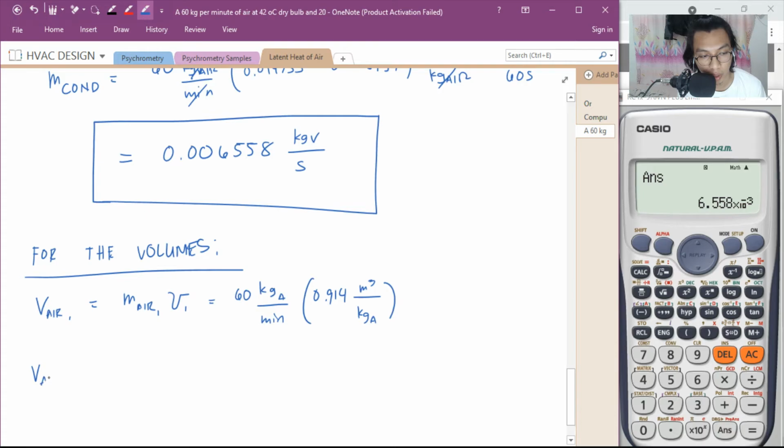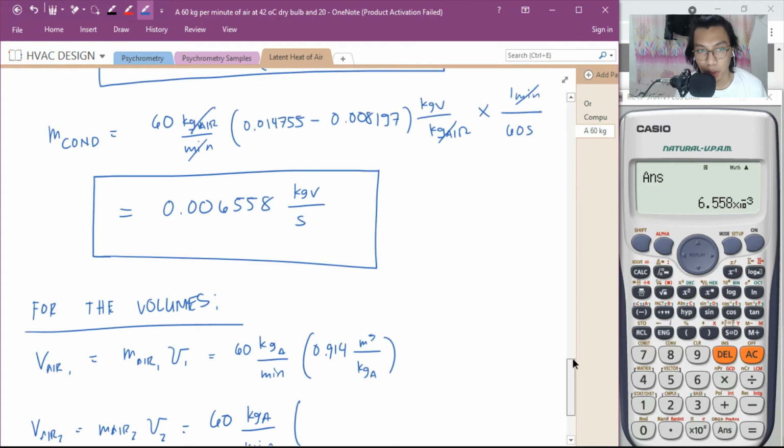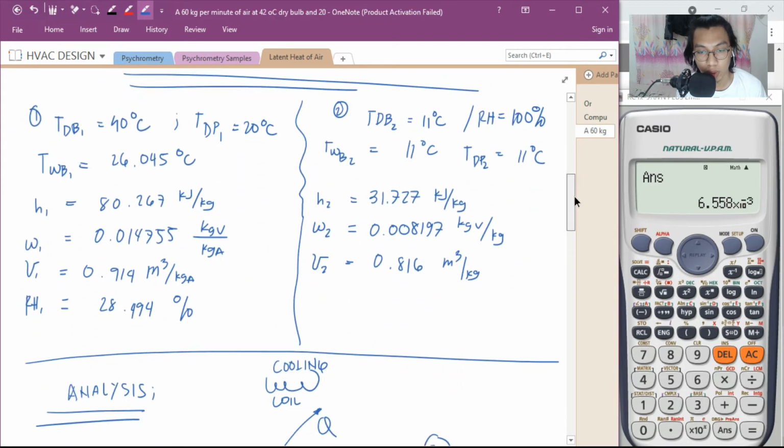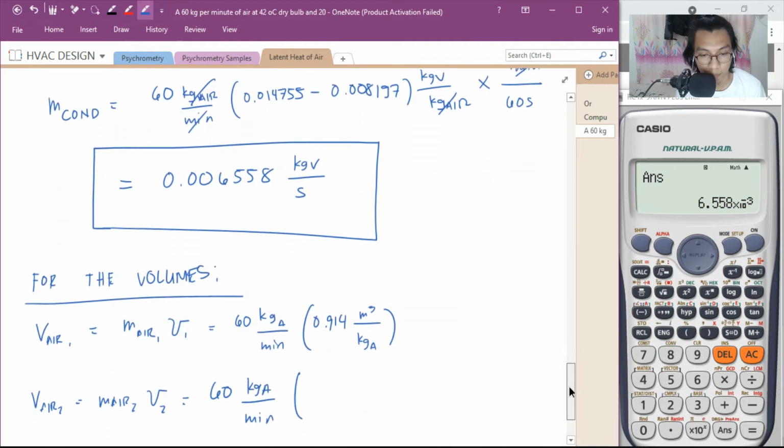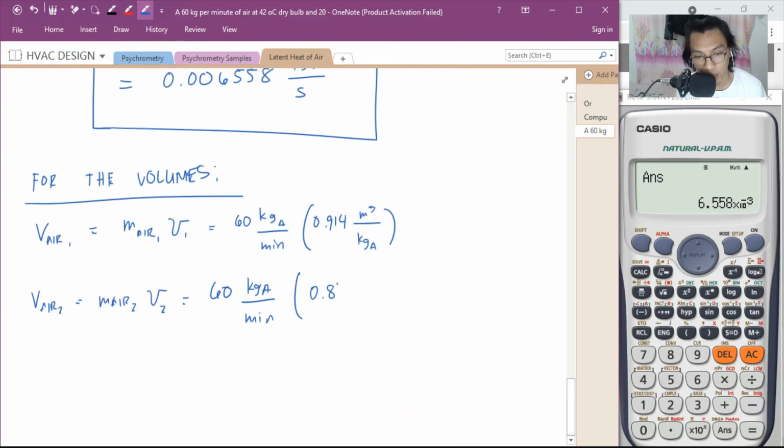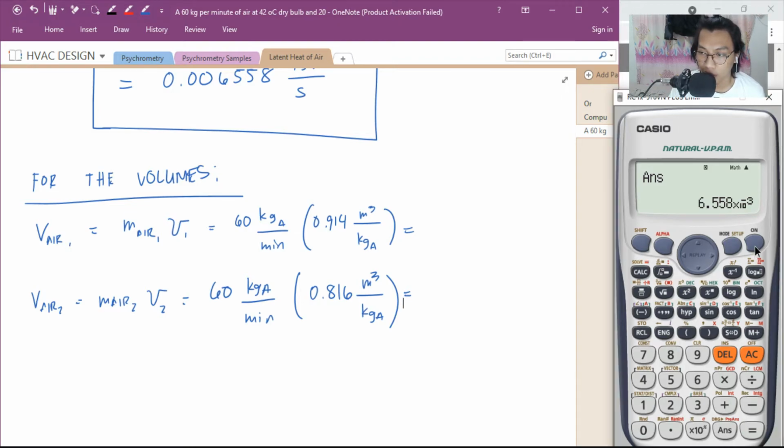Volume of air 2, M ni air 2, tas specific volume ni 2. 60 kilogram air per minute. Tapos, yung sa 2, 0.816 meter cube in every kilogram na air. Simultaneous, solve na natin. Okay.